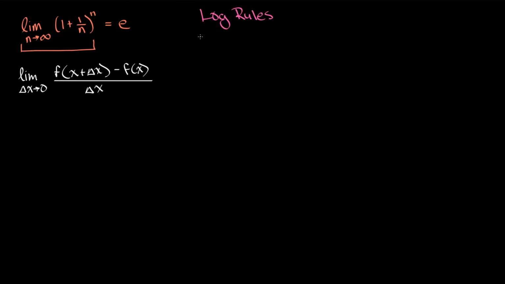A specific log rule that we might be interested in with moving exponents is that when we take the natural log of x to a power, say n, we can bring this exponent out front, and this becomes n times log x. Another log rule is that when we take e to the natural log of x, this is just x. So we're going to use these log rules in order to play with this limit.